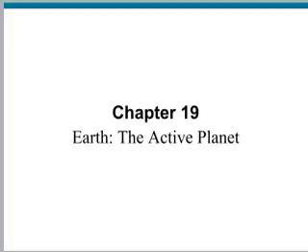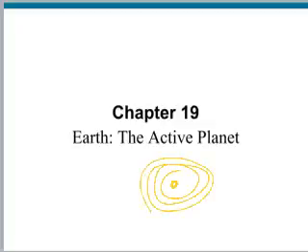In the preceding chapter, we learned how the solar system was formed as a byproduct of the formation of the sun. Basically, we had the sun forming here, and then we had these swirling clouds around it.